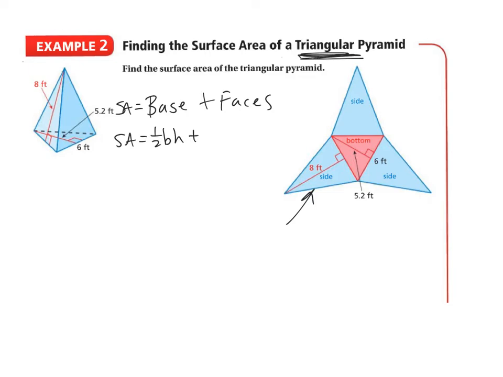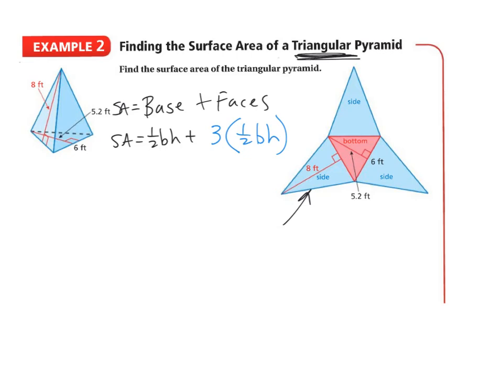There are 3 of them times the 1/2 base times height of the blue part. Now GEMDAS helps us here. We're going to have to do this inside and then multiply by 3, because it's in parentheses. All right, so let's go.